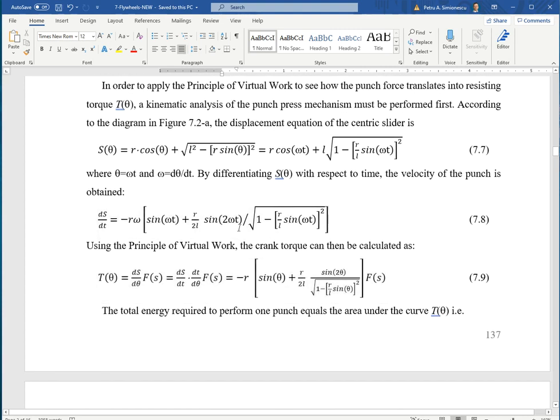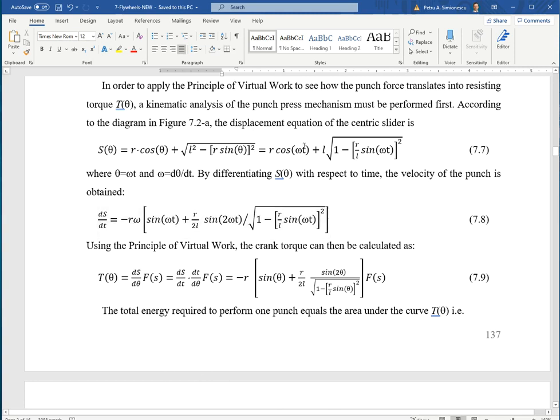And then the principle of virtual work says that a small change in s, ds, times the force applied equals a small change in theta times the torque at the crank.